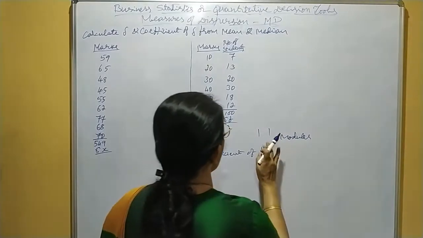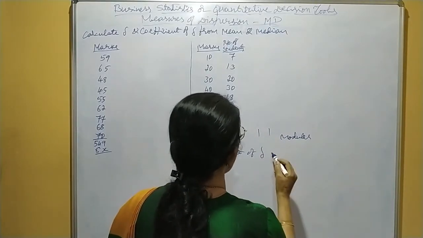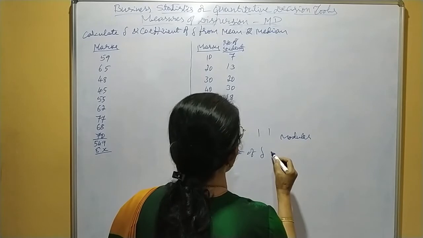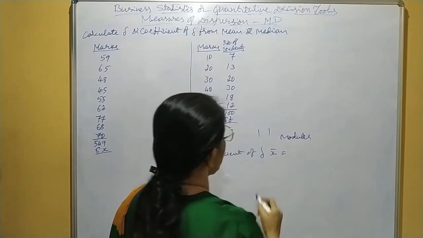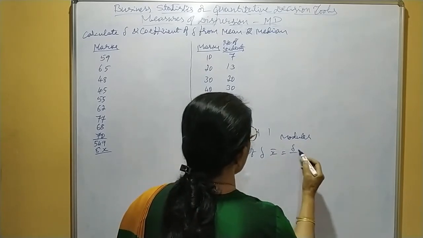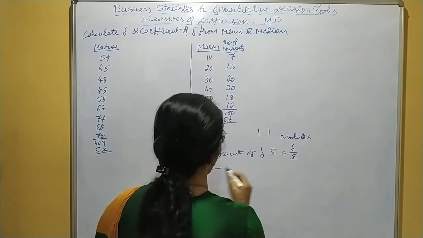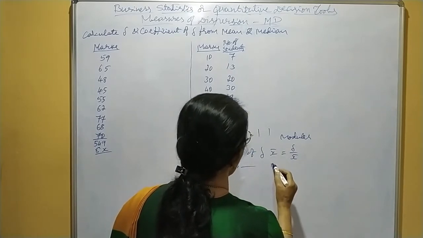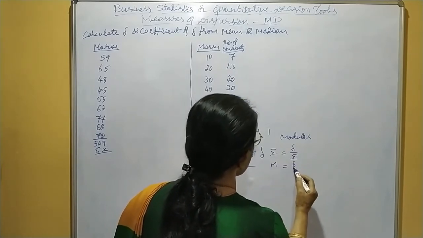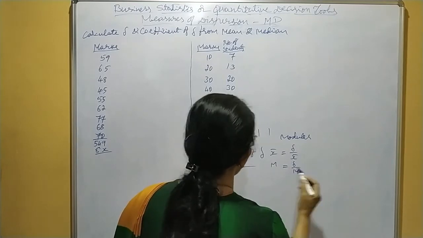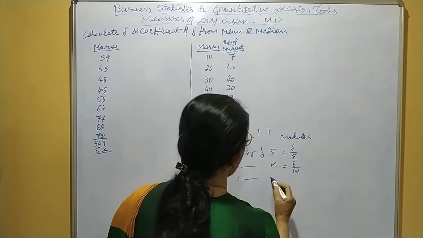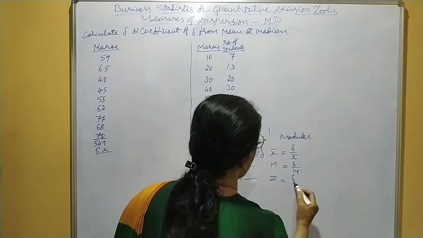If it is mean deviation from x bar, that is mean, then it is delta divided by x bar. If it is mean deviation from median, then it is delta divided by median. If it is mean deviation from mode, then delta divided by z.